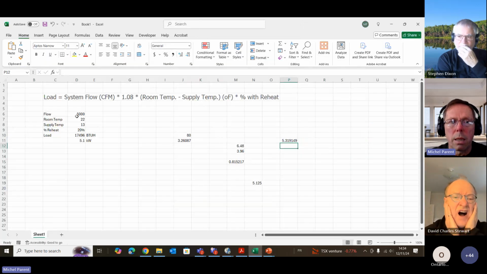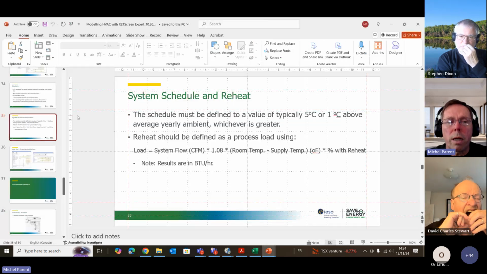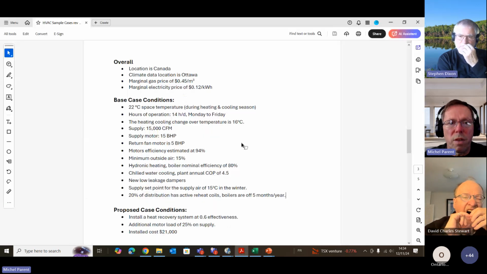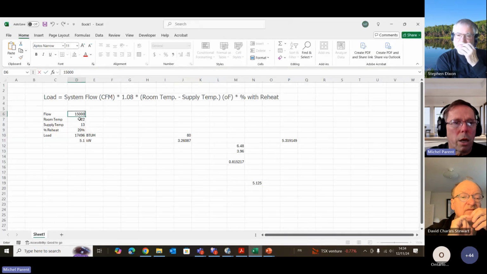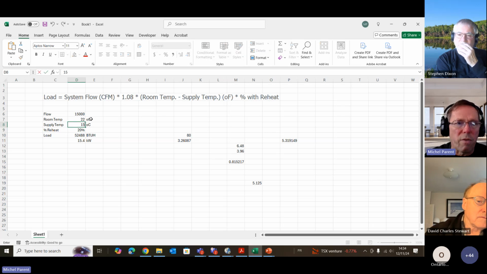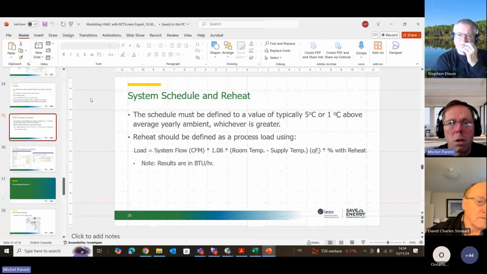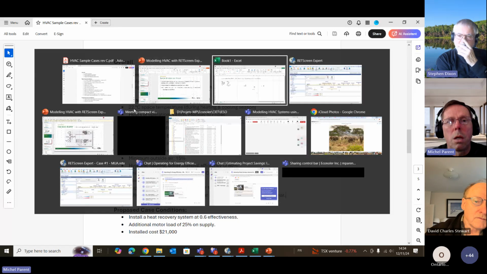So in our case, we have 15,000 CFM. Our supply is 15 degrees. Actually, this is in Celsius, so I should enter that, degrees Celsius. I do the conversion inside. So I'm supplying at 15. My space is at 22.